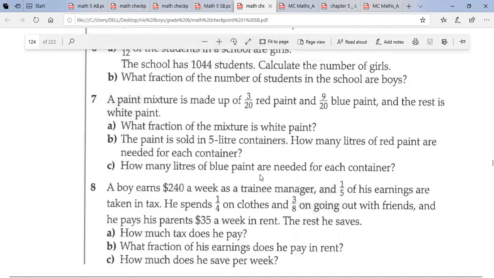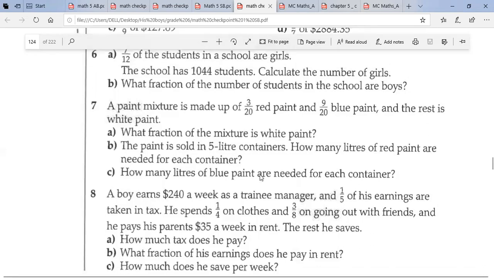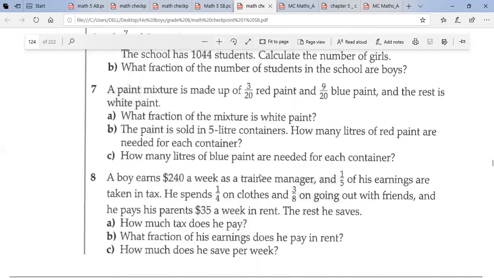A paint mixture. Number 7. A paint mixture made up of 3 over 20 red paint and 9 over 20 blue paint, and the rest is white paint. A, what is the fraction of the mixture that is white paint?